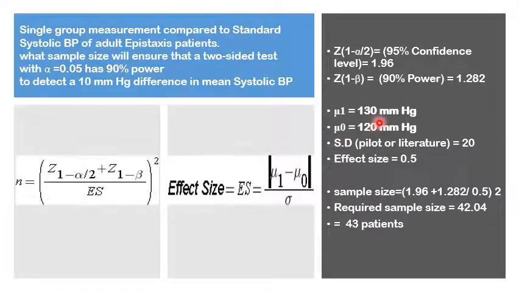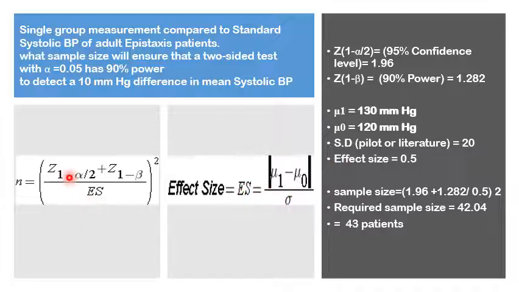Say we have measured the systolic blood pressure in epistaxis patients as 130, and the normal systolic blood pressure in adults is 120, so that difference is 10 millimeters, divided by the known standard deviation, again from the literature, and that's 20 millimeters of mercury. So if you divide 10 by 20, this is half. The effect size here is half.